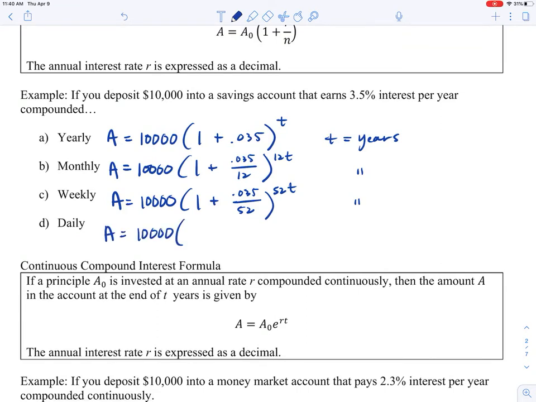And then for daily, let's say that there are 365 days in a year. So the interest is applied 365 times per year, but it's not 3.5% every day. It's 0.035 divided by 365 that is applied each day.